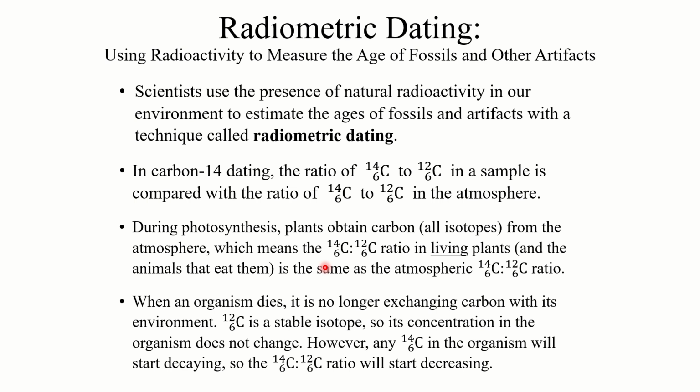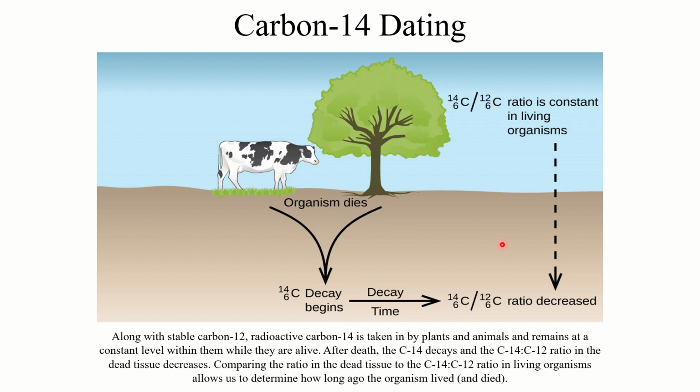However, carbon-14 is a radioactive isotope, and so as the organism decays, the carbon-14 to carbon-12 ratio will start decreasing because the carbon-14 is going to slowly decay over time. So here is an example diagram.